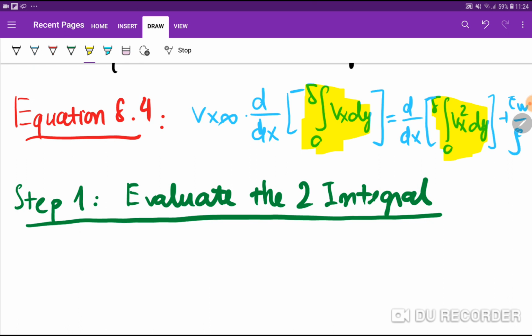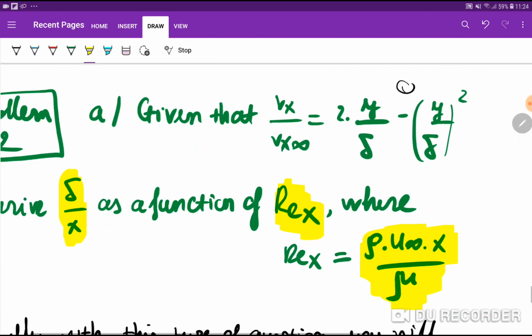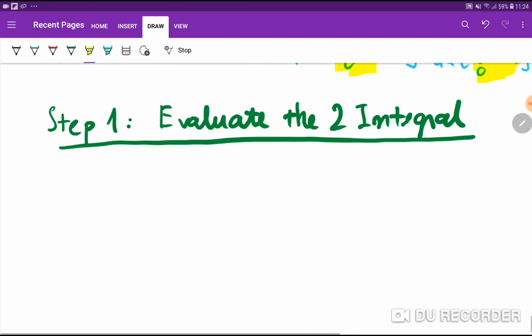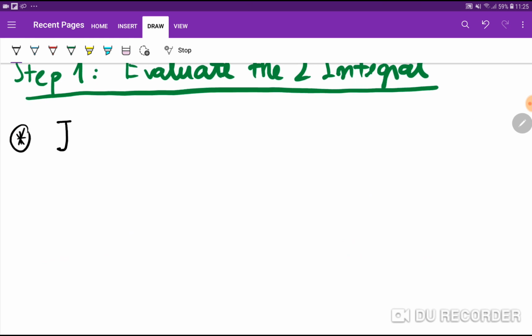They give us Vx over Vx infinity equal to this, so we can do some manipulation and get Vx. Let's evaluate the integral. Let's label our first integral I1. I1 is the integral from 0 to delta of Vx dy.